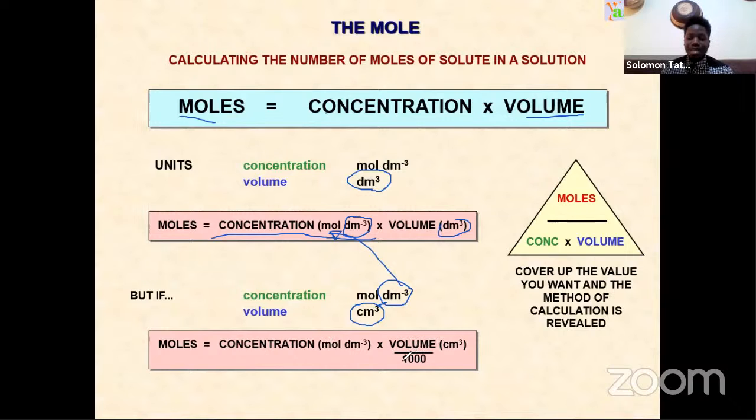Make sure that the volume is divided by 1000 to convert it, not into centimeters cubed, but into decimeters cubed. Like I said, we have to relate our moles with our concentration. So by dividing the centimeters cubed by 1000, you have converted them to decimeters cubed.